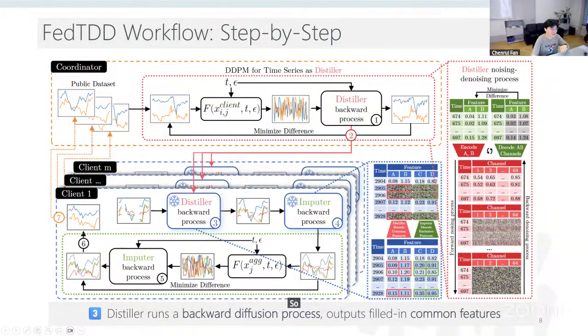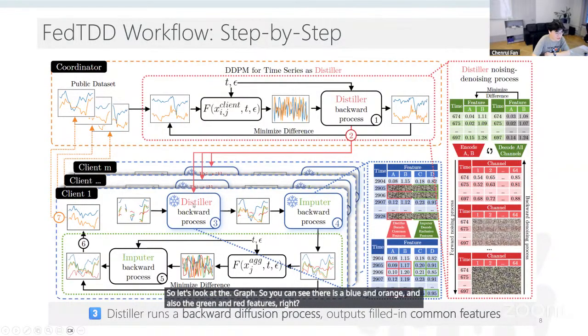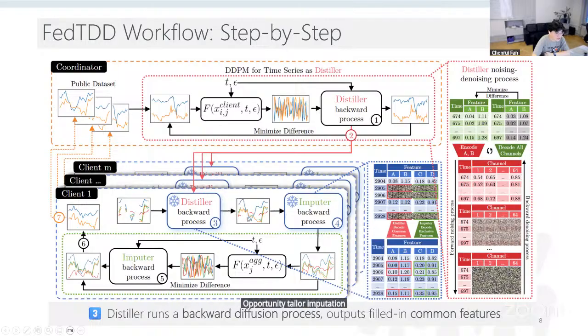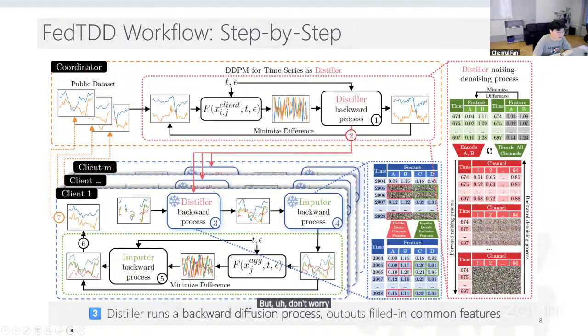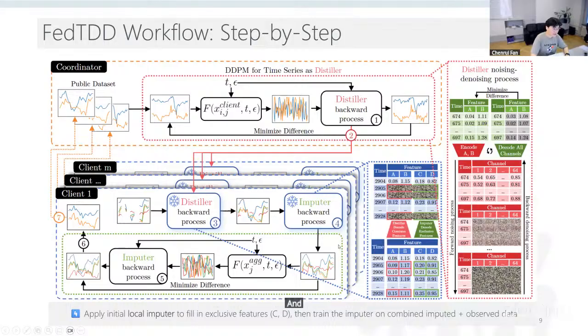So let's look at the graph. So you can see there is a blue and the orange, and also the green and red features, right? Up to the distiller imputation, we have a complete blue and orange feature, but the red and the green are still missing. But don't worry, we will find out how to deal with them. And the fourth step, in this step, each client uses the complete common features A and B as an auxiliary input to impute the missing exclusive features.